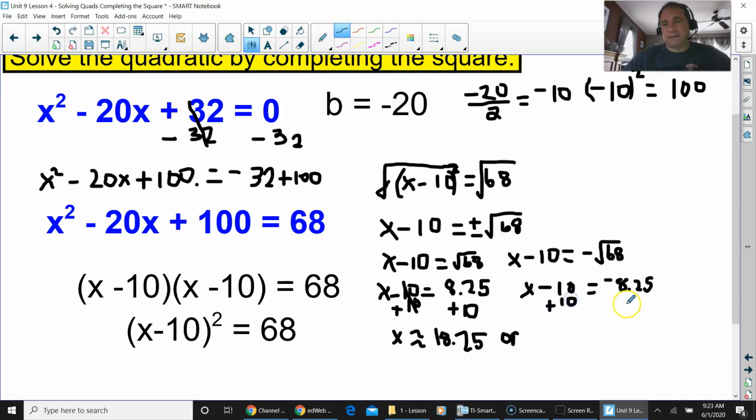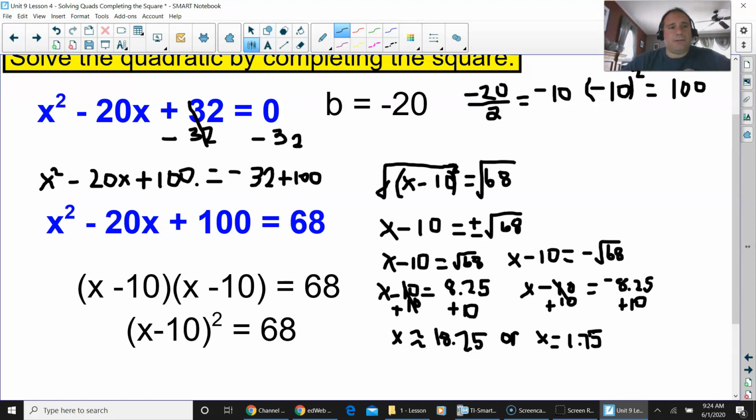Usually you're going to have to extend that screen, and this cancels. You have x equals a positive 1.75. And that is completing the square.